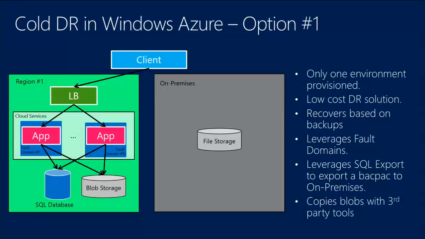Basically, it's a zip file which has schema and data from inside my database. It's like a bak file, but without the transaction log. So I have schema, I have the data, so at any point in time, I can pick this bacpac, import it again into SQL, and everything is there. My schema is there, my data is there. I can quickly recover.